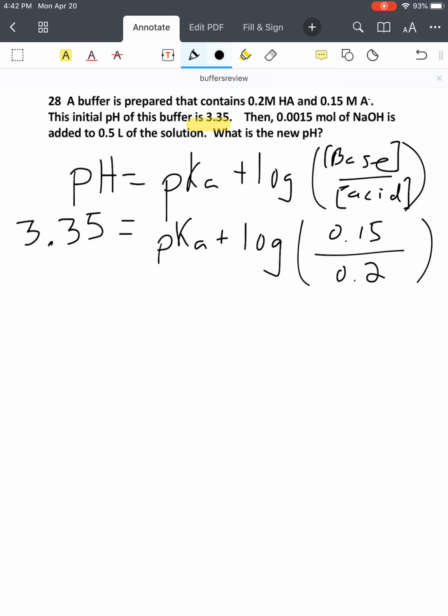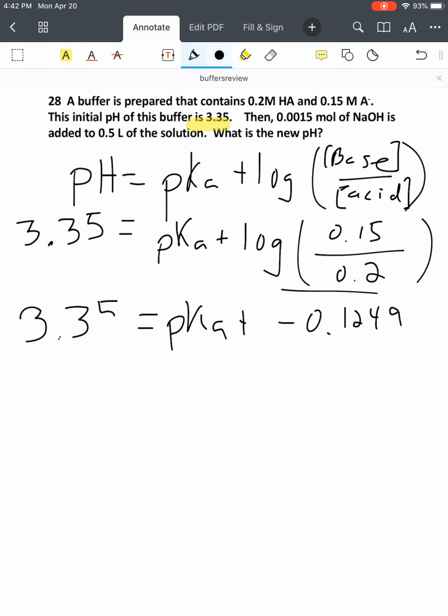Get those numbers from the problem. So if I solve for this term over here, I get negative 0.1249. I get to add that to the pKa, and when I do, I need to generate the number 3.35.